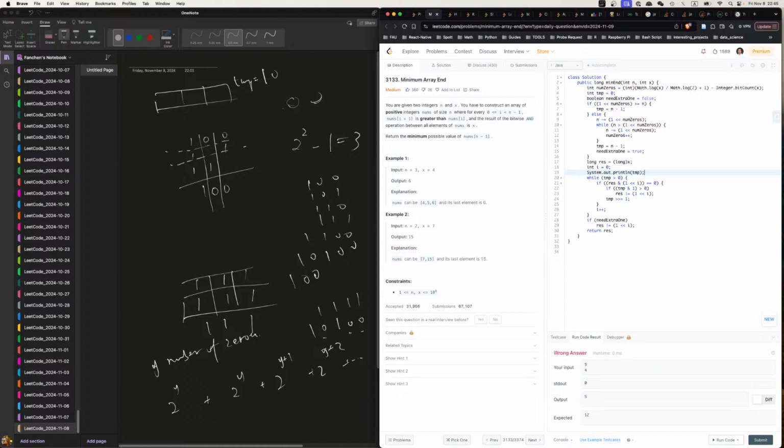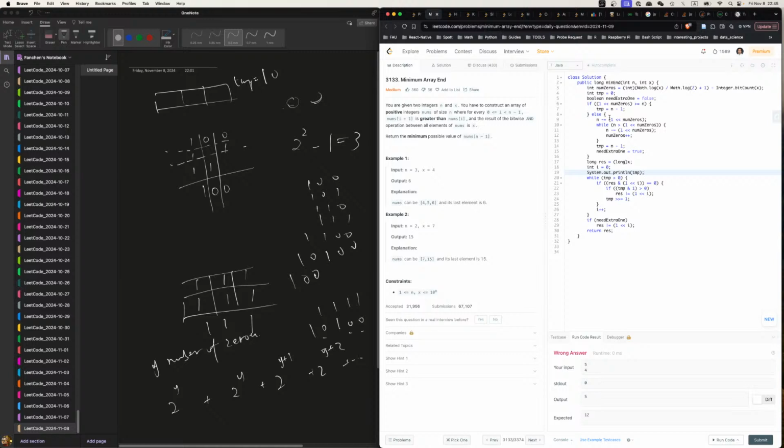Oh, I see why it becomes 5. But that should still not be 5. Hold on. N minus equal to. So 1 left shift is 4. So n equal to 1. That is the case.